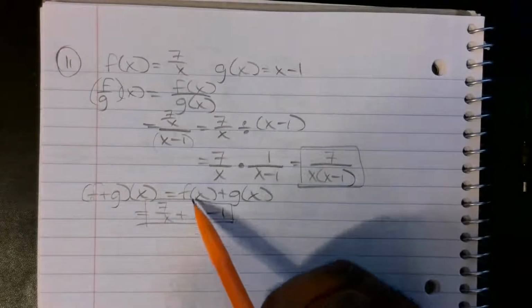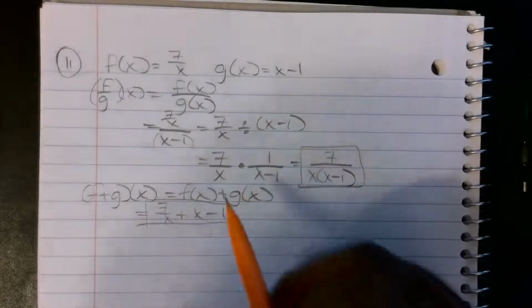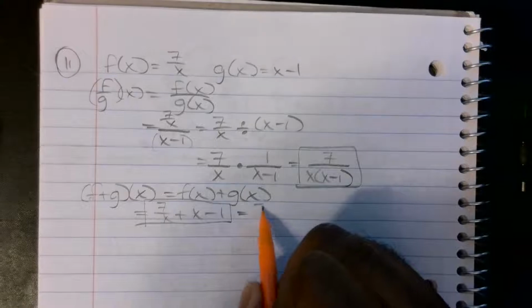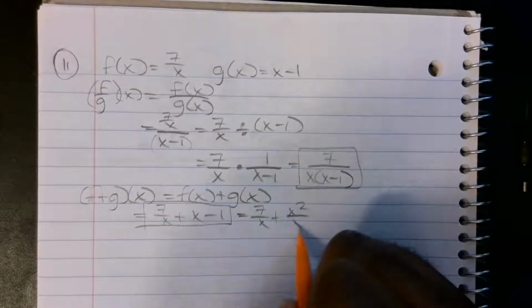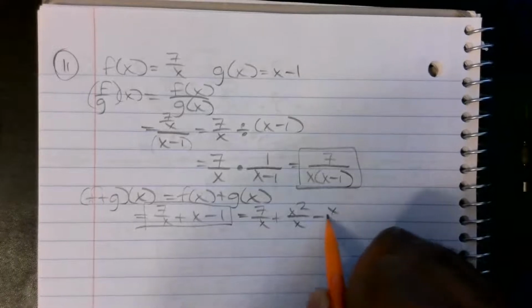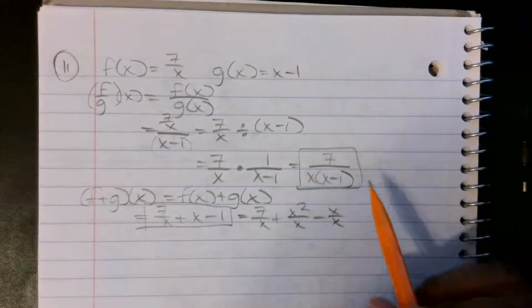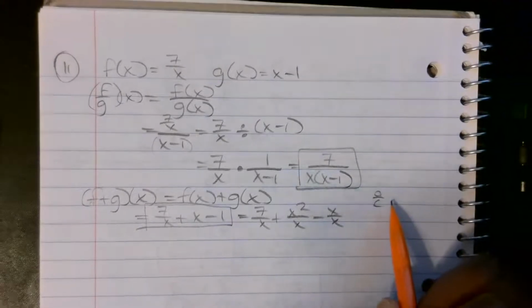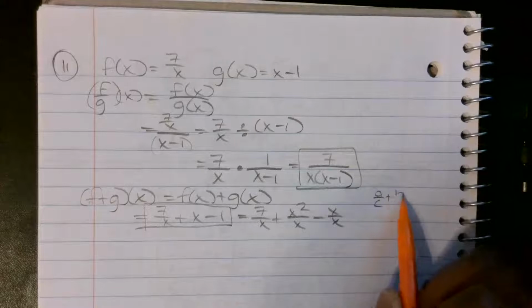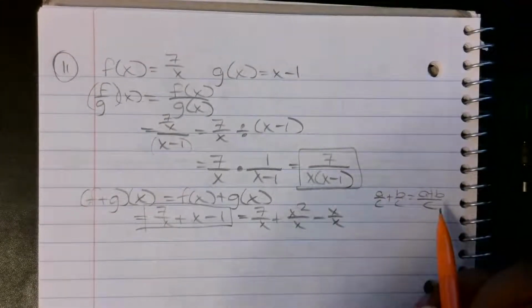7 over x plus x squared over x plus x over x. So maybe I should do that just so you can see it. 7 over x plus x squared over x minus x over x. A property we need to remember with this is that a over c plus b over c is equal to a plus b over c.